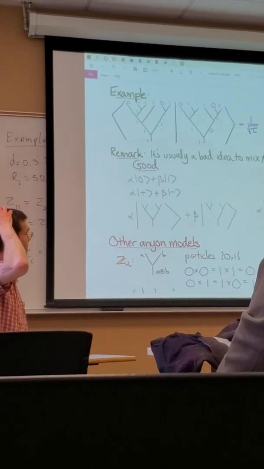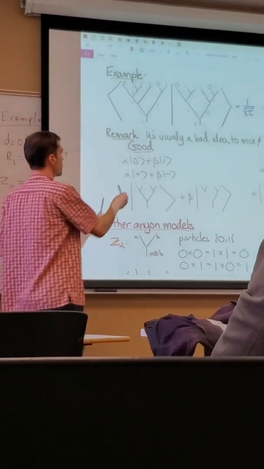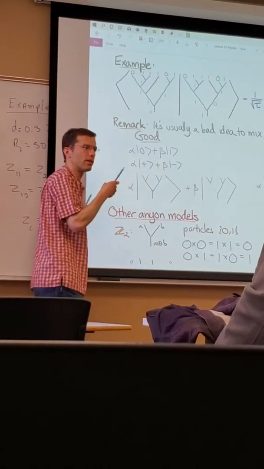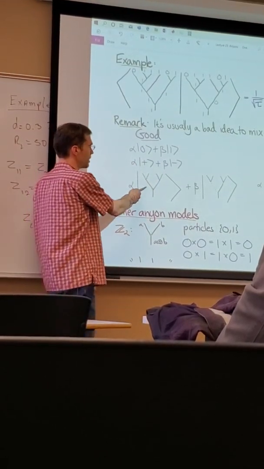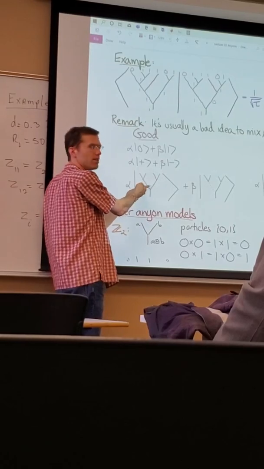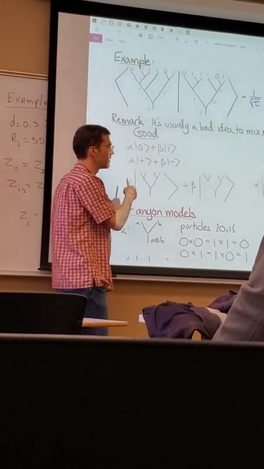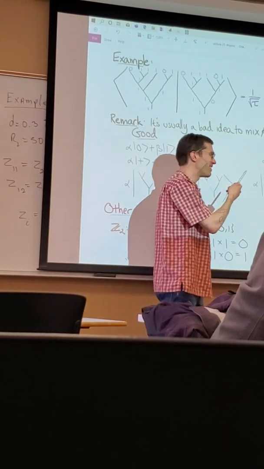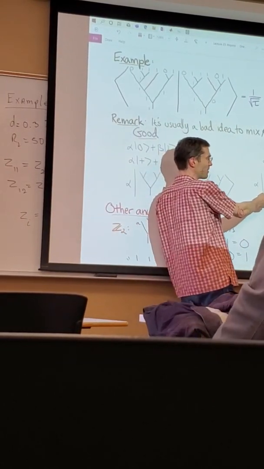Mark, it's usually a bad idea to mix bases. Yeah, just like with qubits. With qubits, you can work in any orthonormal basis you want, like the 0, 1 basis or the plus minus basis or whatever. Everything's fine. The same with here. You can work in this orthonormal basis. That's fine, but you don't want to. That's a bad idea usually. It makes sense, but it's just weird. The same thing is true with the anyons.